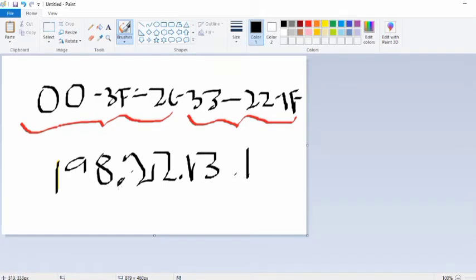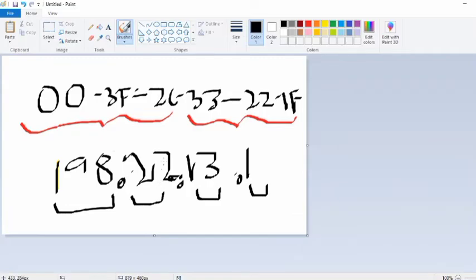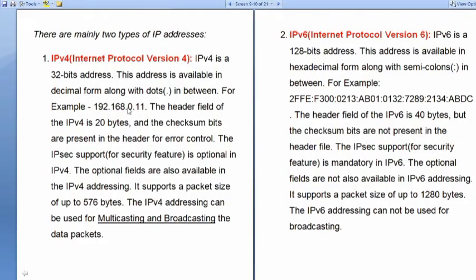So how many dots are there? Here is one dot, here is another dot, and here is another dot. There will be 3 dots and 4 groups like this. This is the third group, this is the fourth group. So like this you can give. This may change. So this is one kind of IP address that you are going to give.